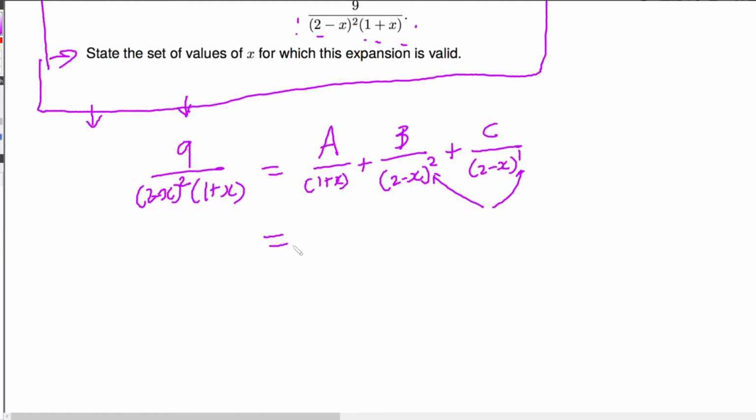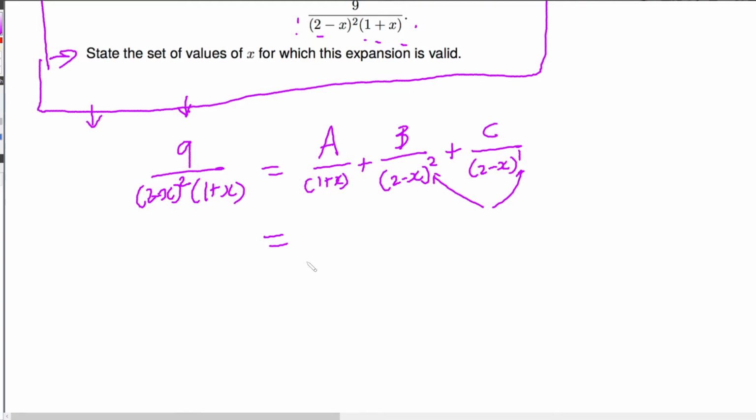If you expand these fractions and try to add them up, you'll find some expression in terms of a, b, and c as coefficients to x squared, x, and 1 in the numerator over the same denominator being equal to 9 over this denominator.